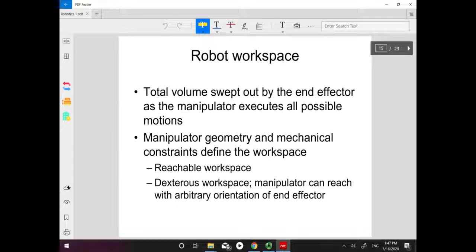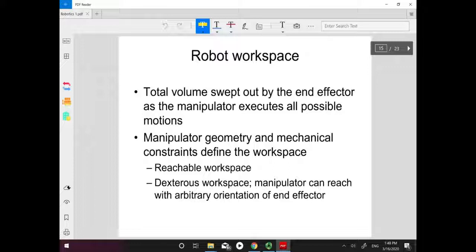Again, the robot workspace means the total volume swept out by the end effector as the manipulator executes all the possible motions. From the video we have seen all the space swept by the end effector.